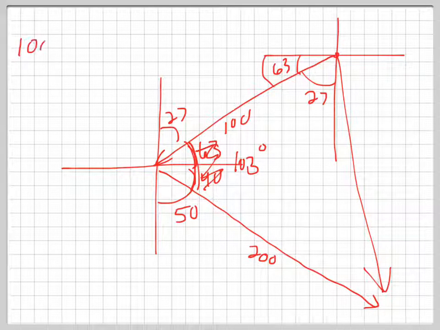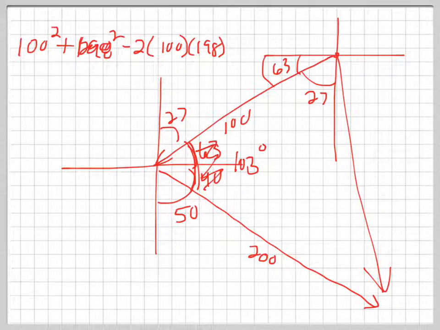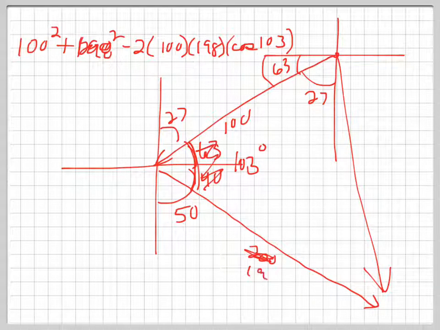So I'm going to do 100 squared plus 200 squared minus 2 times 100 times... Oh, that's not actually 200. It's 198. I better make that correct. Minus 2 times 100 times 198 times cosine of 103, square root that. And this is 198 instead.